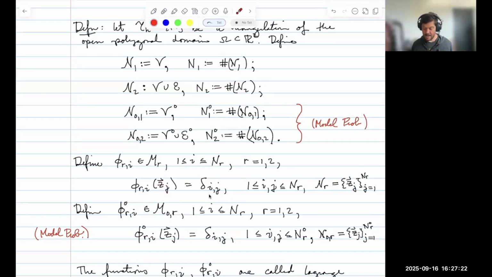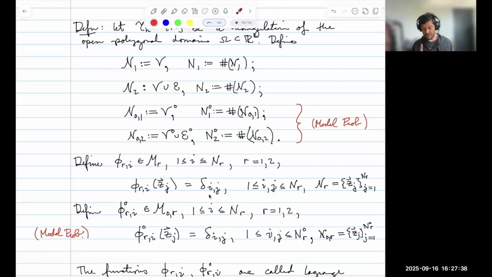Now the nodes consist of the following: whenever r equals 1, the nodes are just the vertices. What about whenever r is equal to 2? In that case, the nodes are the vertices and the edge midpoints.